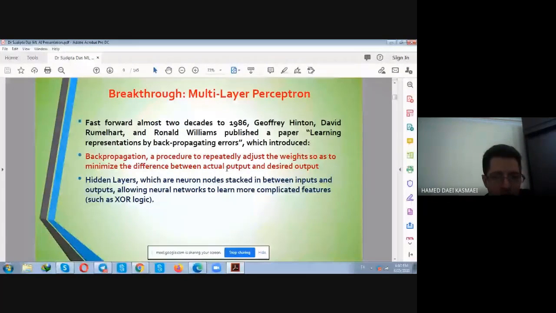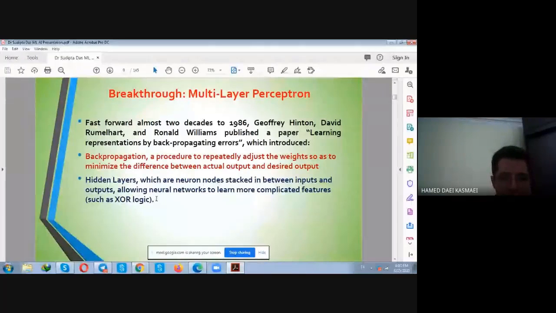Okay, so hidden layers, which are the neuron nodes stacked in between inputs and outputs, allow neural networks to learn more complicated features such as XOR, XNOR, and all of the things that you can see in logic, or that you learn about in logic electronics.